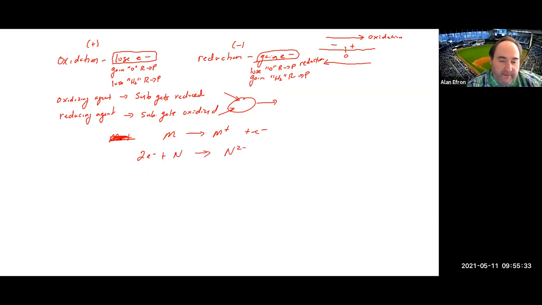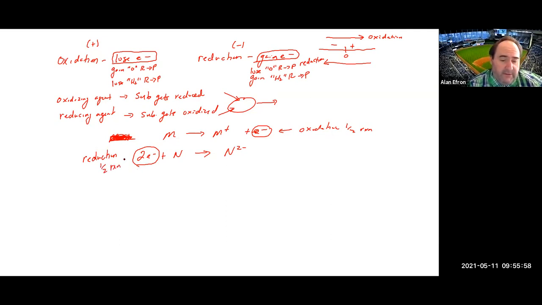These are what I refer to as half reactions. This one over here would be considered the oxidation half reaction, because electrons are on the product side. This one here would be our reduction half reaction, because it's being gained, and we know that because the electrons are on the reactant side.